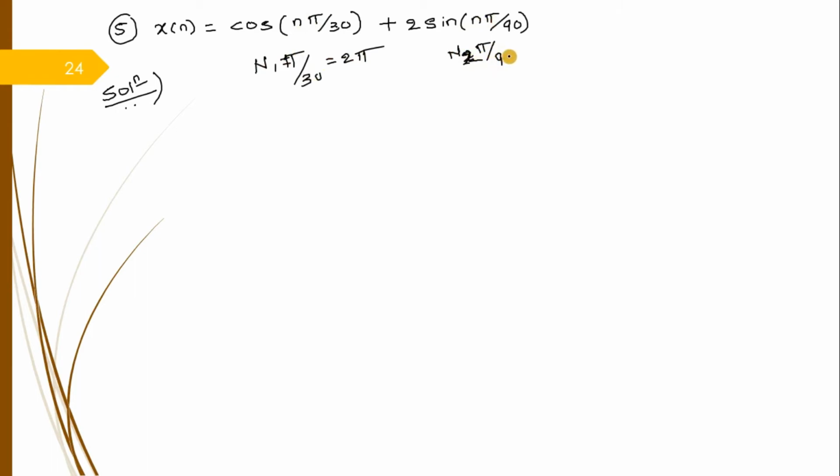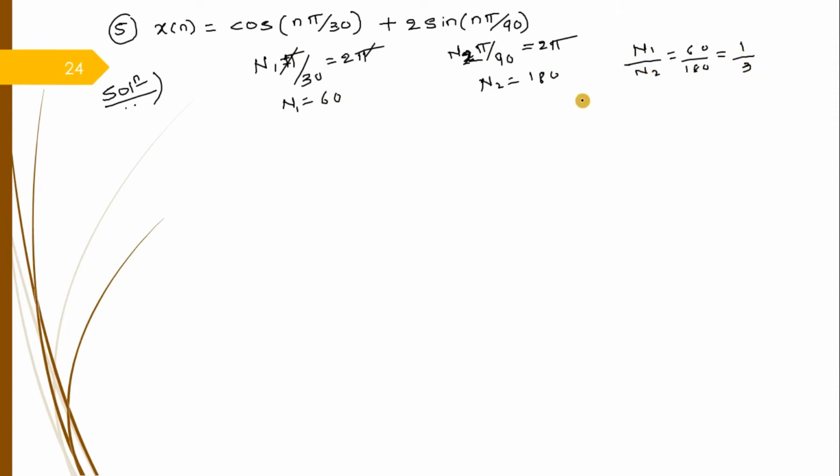Pi by 90 is equal to 2 pi. So pi and pi cancel, n1 is equal to 60, and n2, pi and pi cancel, it is 180. So n1 by n2 is 60 by 180, 1 by 3. So it is periodic because it's a ratio of integers.